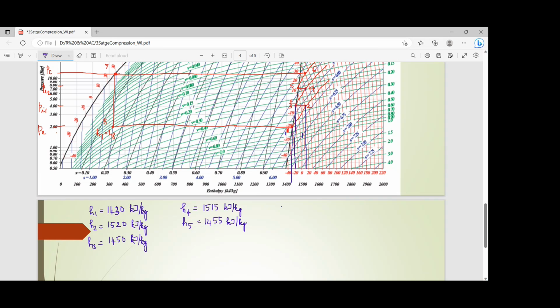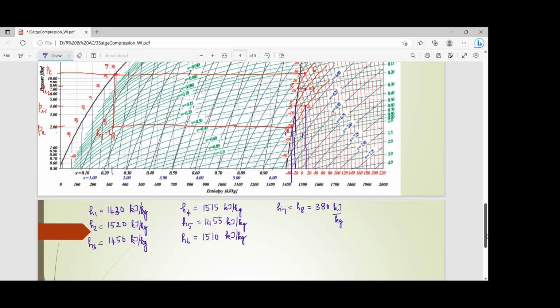And H6 is again a little bit lesser than H4. Let's say 1510 kilojoule per kilogram. Okay, and H7 equal to H8, that is closer to 300. So let's say 380 kilojoule per kilogram. So now we have noted down all the enthalpy values.